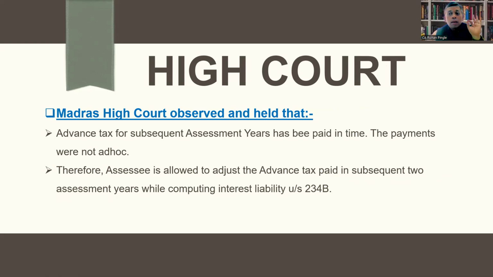It was not approximate, but it was determined properly. It was computed and then paid. Therefore, the assessee is allowed to adjust the advance tax paid in the subsequent 2 assessment years while computing interest liability under section 234B. These were the Madras High Court's observations and what they have held.